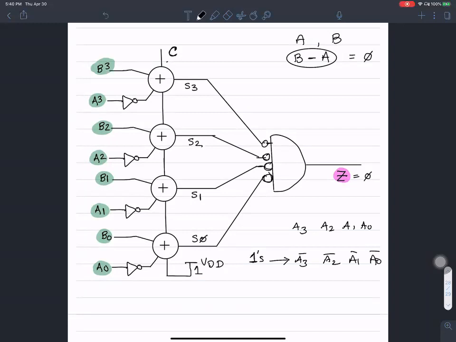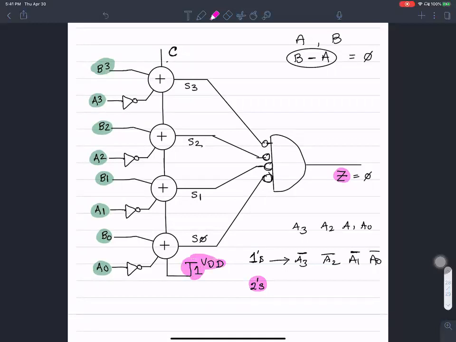If you think about it, that's the ones complement. If you do the bitwise inversion of a 4-bit number, that's its ones complement. How do you get the 2's complement out of this? You simply have to add 1. So in order to get the 2's complement, I'm adding a 1 here in the form of a carry.